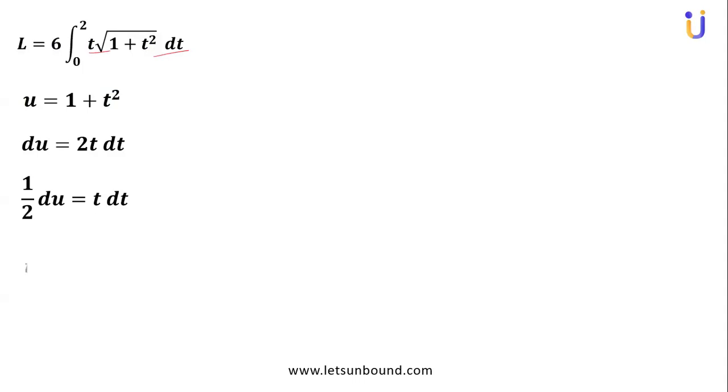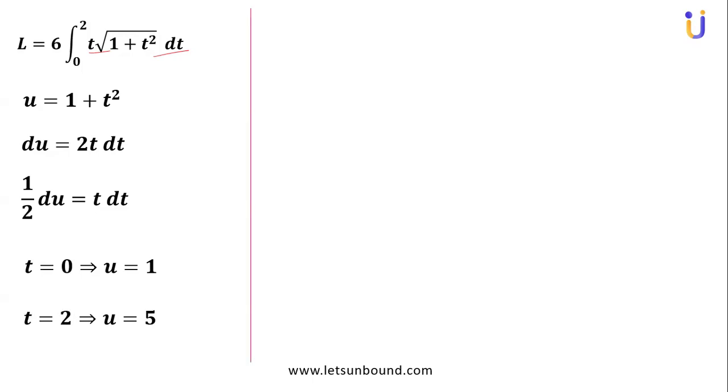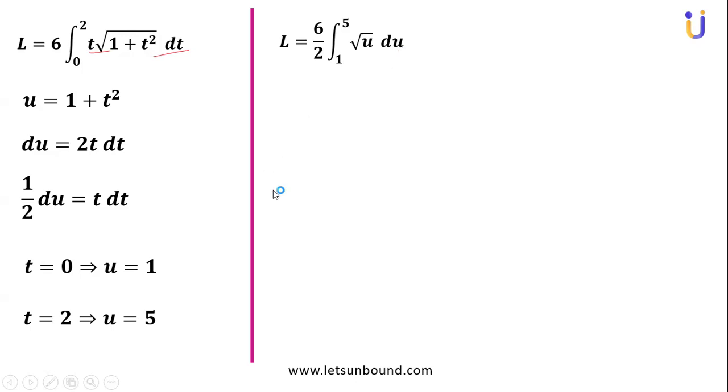Now you also have to work on the bounds. When t is 0, what is u? Because we are shifting everything into u. When t is 2, what is u? That's it. So now replace everything into u form. L is 6 by 2, and the bounds also you need to change. So root u du, right? And now it's simple, u to the power half, power rule of integration.